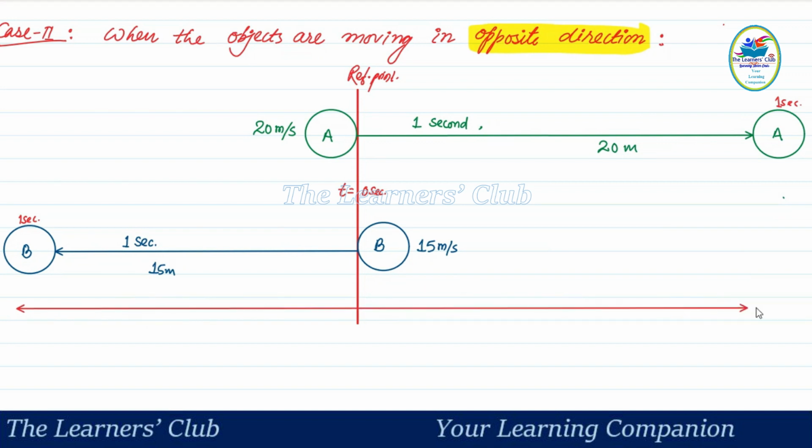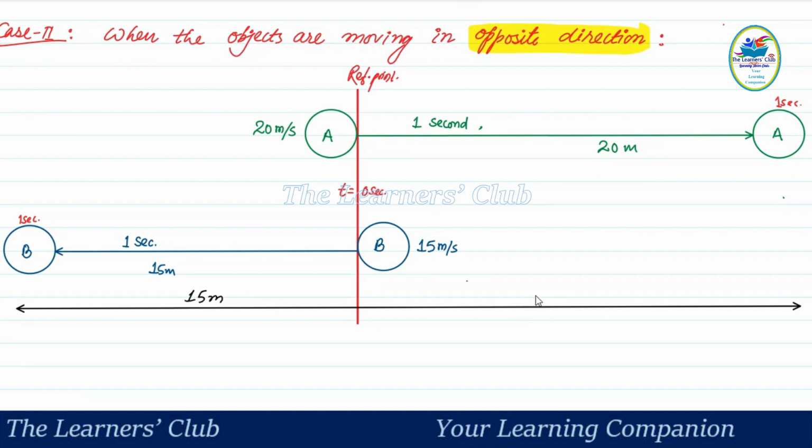In order to know that, what we need to do is 15 plus 20. We simply need to add these values. On the left side, distance moved by B is 15 meter, and on the right side, distance moved by A is 20 meter.